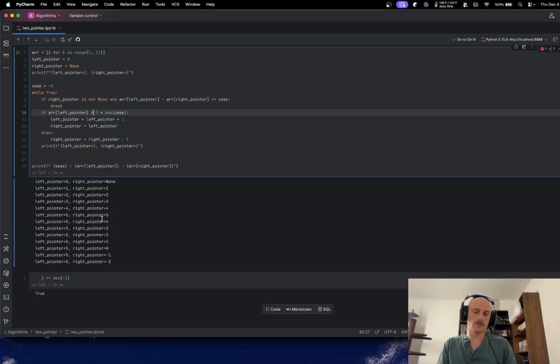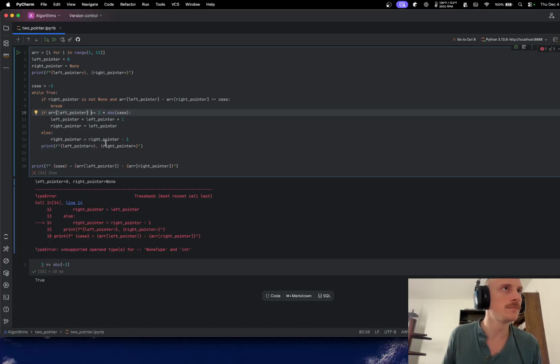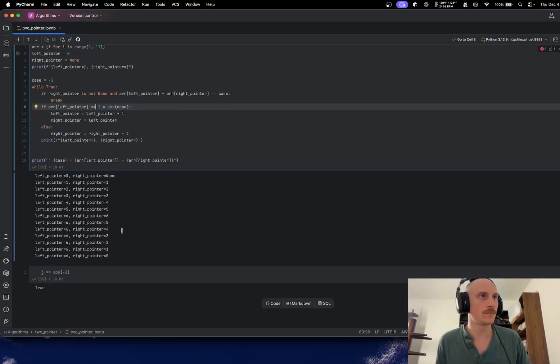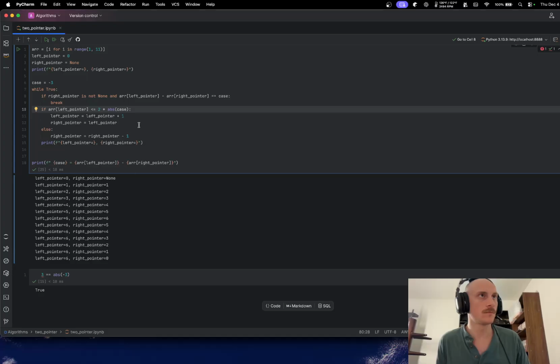Let's just make this straight up. Oh. And I don't want it to go up, so and right pointer is equal to none, but we're gonna have to do something here.